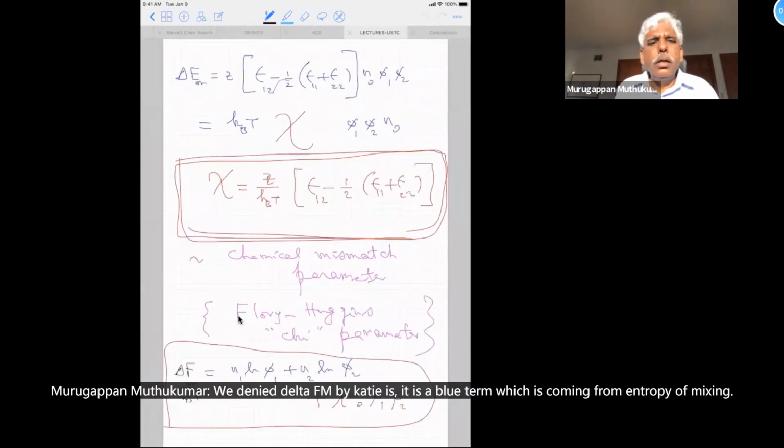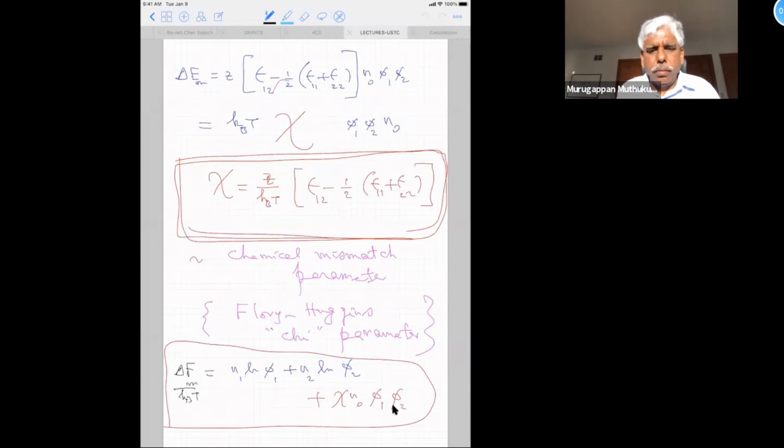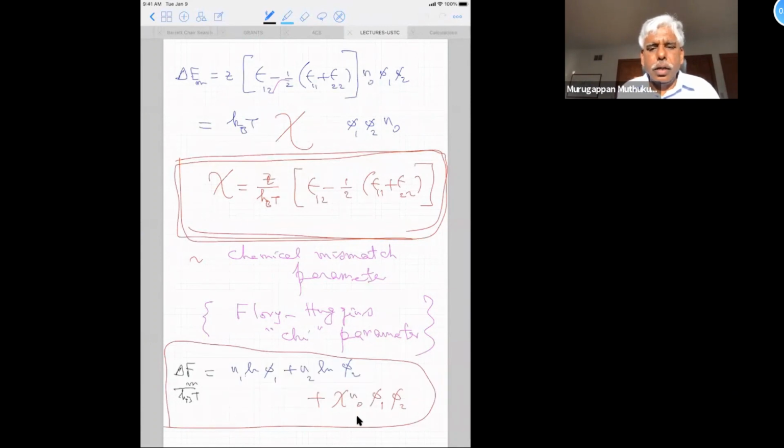We derived delta Fm by kT, where this blue term comes from the entropy of mixing, and there's a red term, which comes from delta Em. Here, please notice, N1 is the number of molecules of type 1, N2 is the number of molecules of type 2, and N0 is the total number of sites in the system.